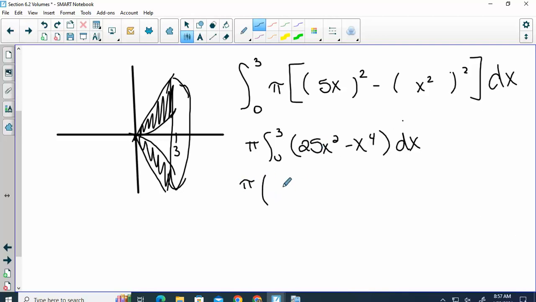Okay, antiderivative of 25x squared would be 25/3 x cubed, minus 1/5 x to the 5th.